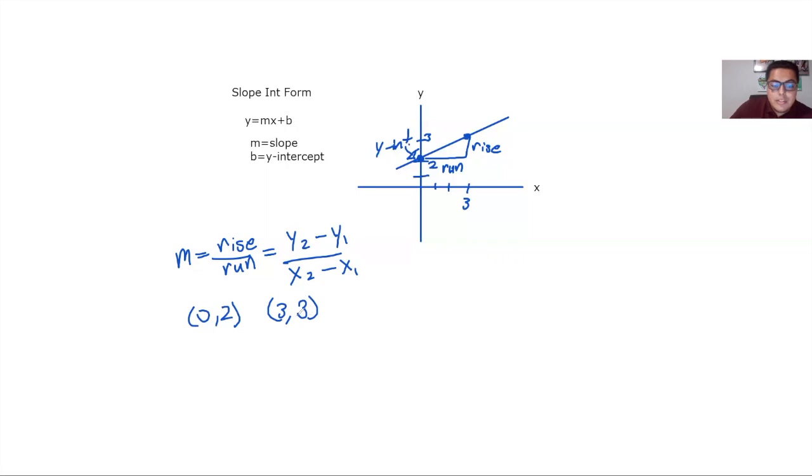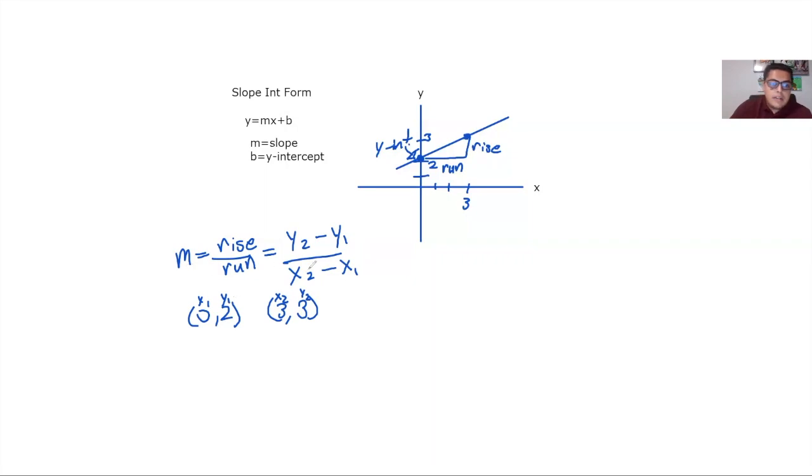But just for the purposes of this example, I will explain it to you with this being our point 1, where 0, comma 2 is the corresponding coordinates, and this being our point 2, where 3, comma 3 is the corresponding coordinates to point 2. So this, in terms of our variables in our equation, would be x1, y1, and this would be x2, y2.